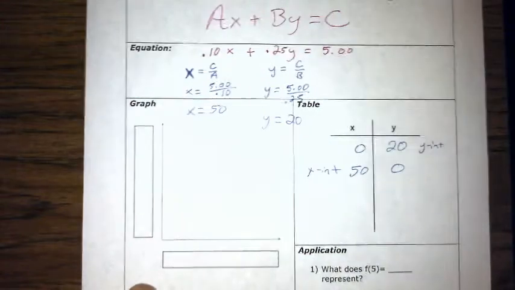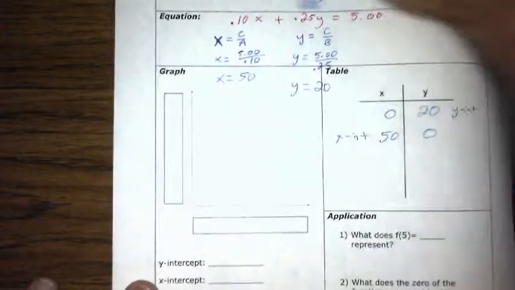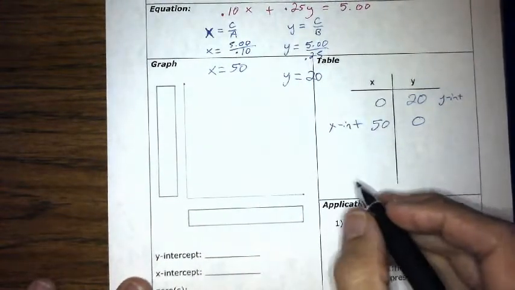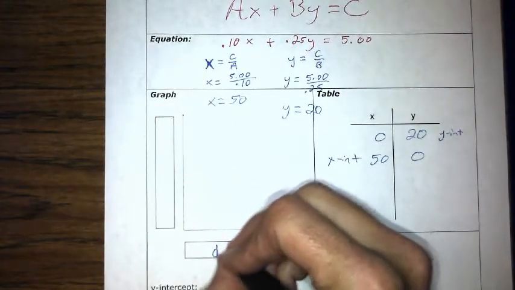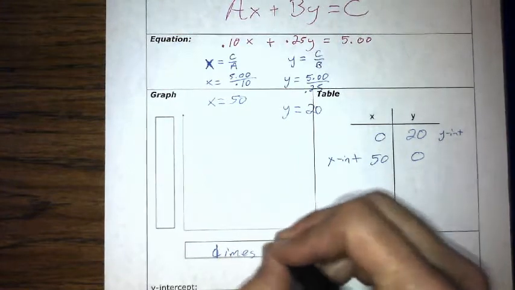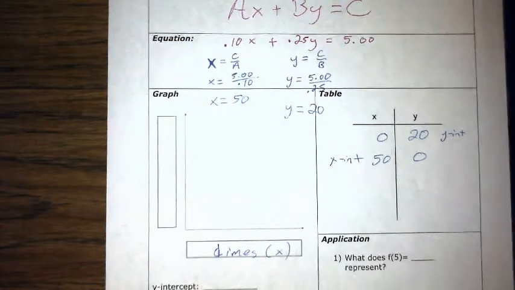And I'll just stay in blue here. So we know what is x? X is dimes. So I'm going to say dimes or x, right? And then that would make quarters or y. Okay.